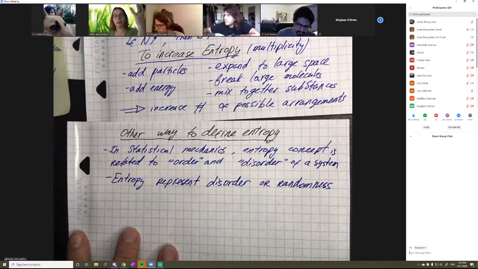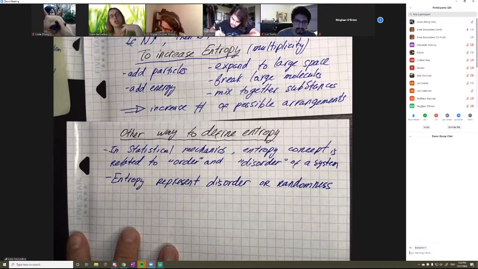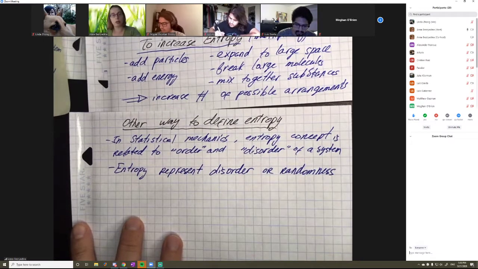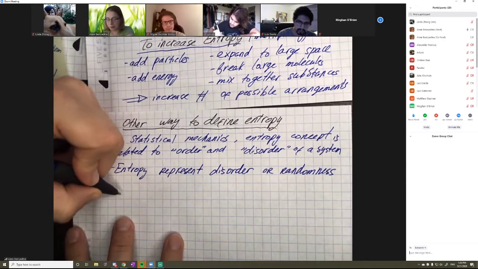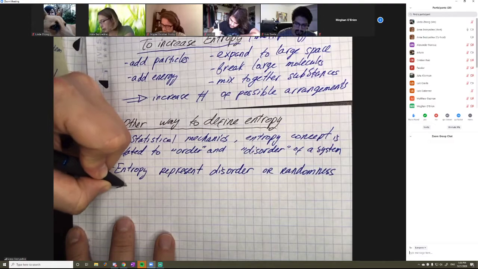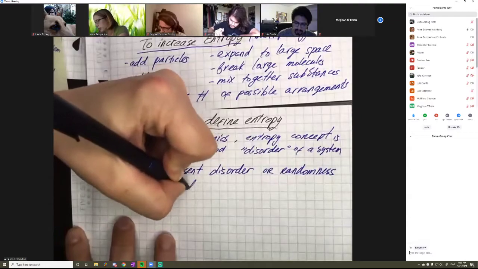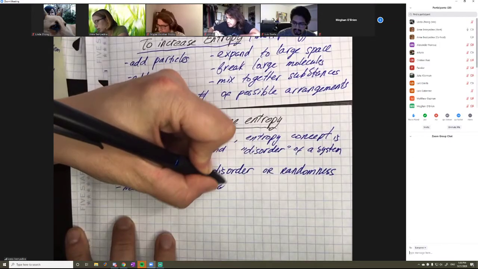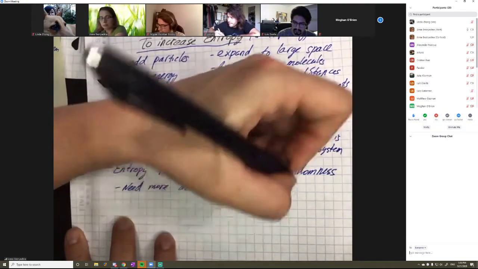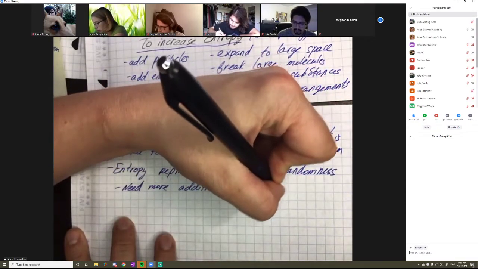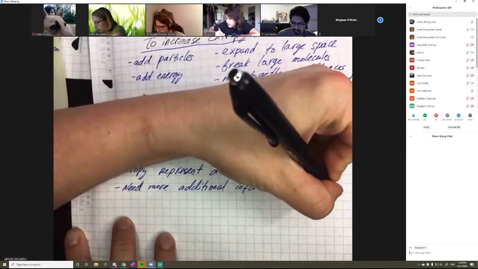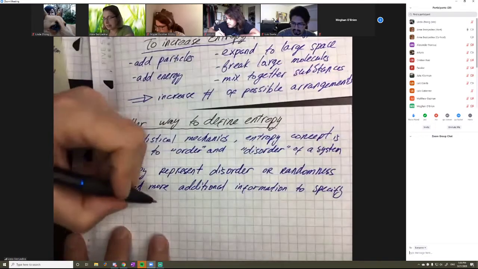Because if we have something in order, we don't need much information to explain it, but as we need to provide additional explanation of what happened with the system, its entropy increases. We need more additional information to specify the exact physical state of the system.